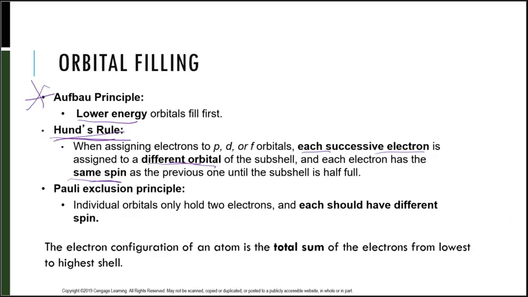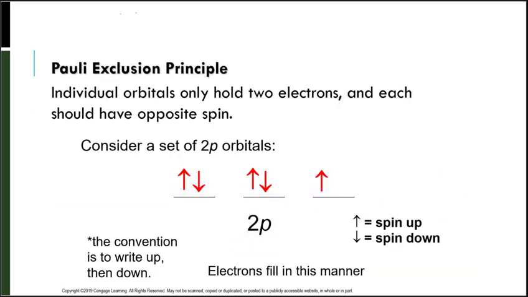until we come back and double up. And then, like I said, we have the Pauli exclusion principle that says if I do need to put a second electron in that orbital, it needs to have a different spin. And the electron configuration of an atom is the total sum of the electrons from lowest to highest. So here's Pauli. Let's say I need to put 5 electrons in that p sub-level. I'm going to go 1, 2, 3, then double up 4, then double up 5.